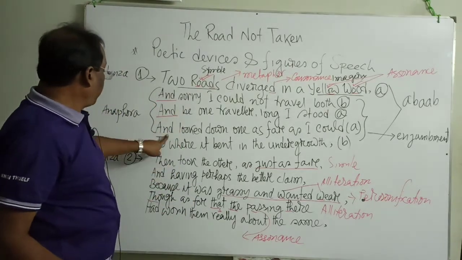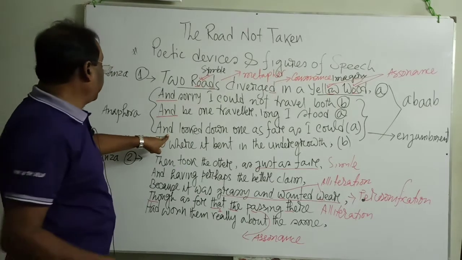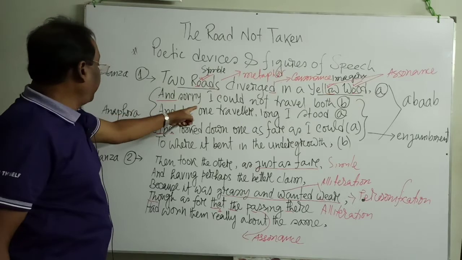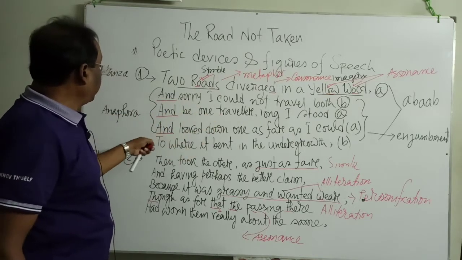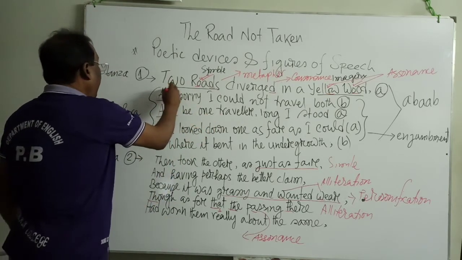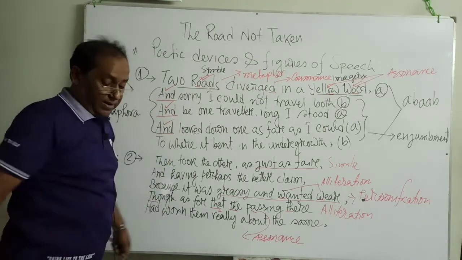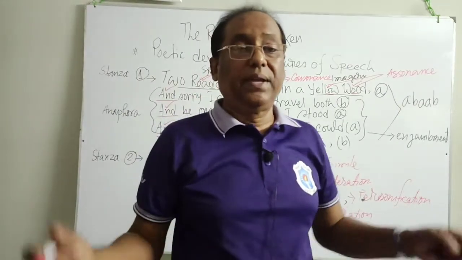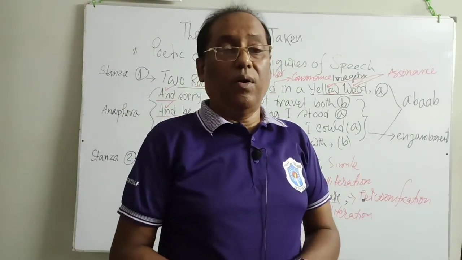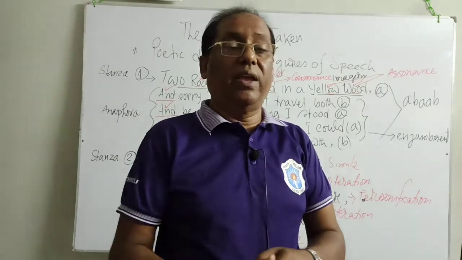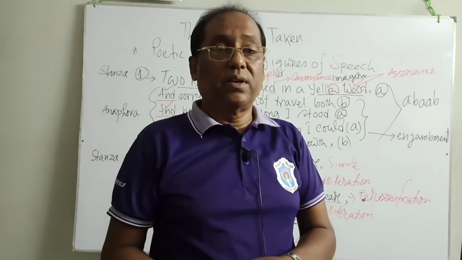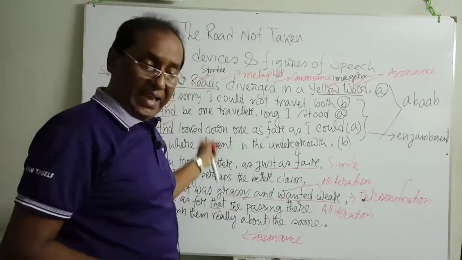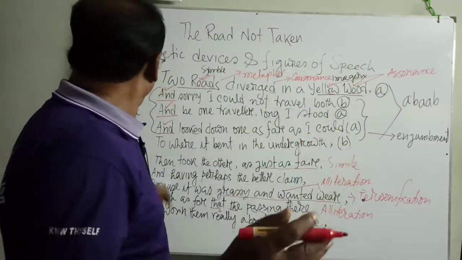Again, in the fourth line at the beginning we find the repetition of and. So and is repeated at the beginning of altogether 3 lines of this stanza. This is called anaphora.